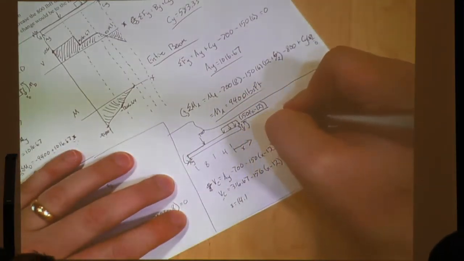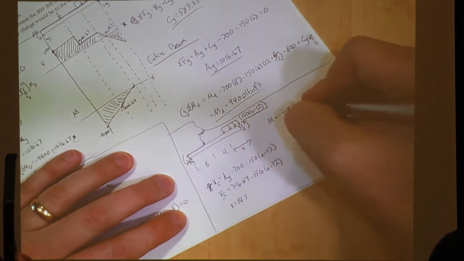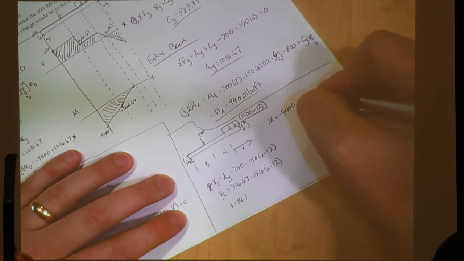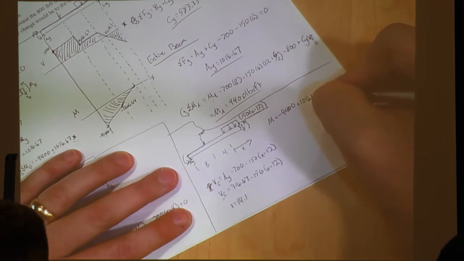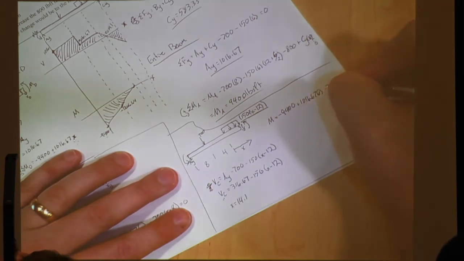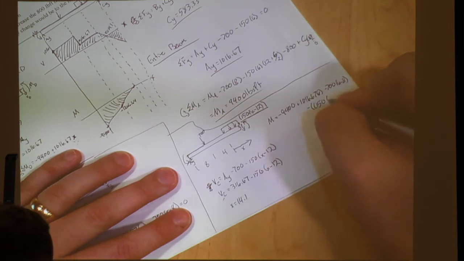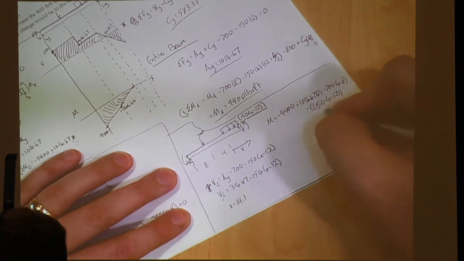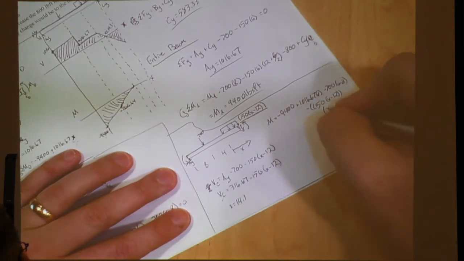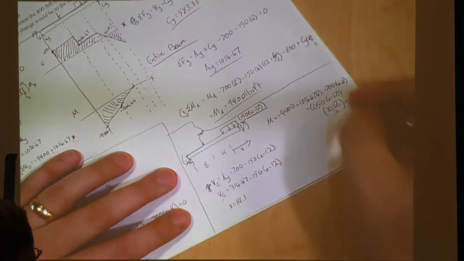Our moment is going to equal negative 9,400 plus 1016.67x, minus 700 times (x minus 8), and negative 150 times (x minus 12), and then you're multiplying it by (x minus 12) over 2. That's going to equal 0.